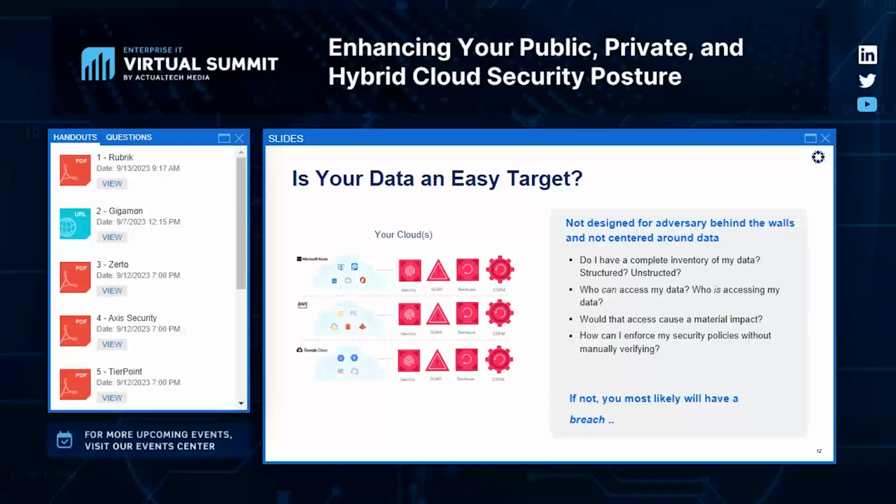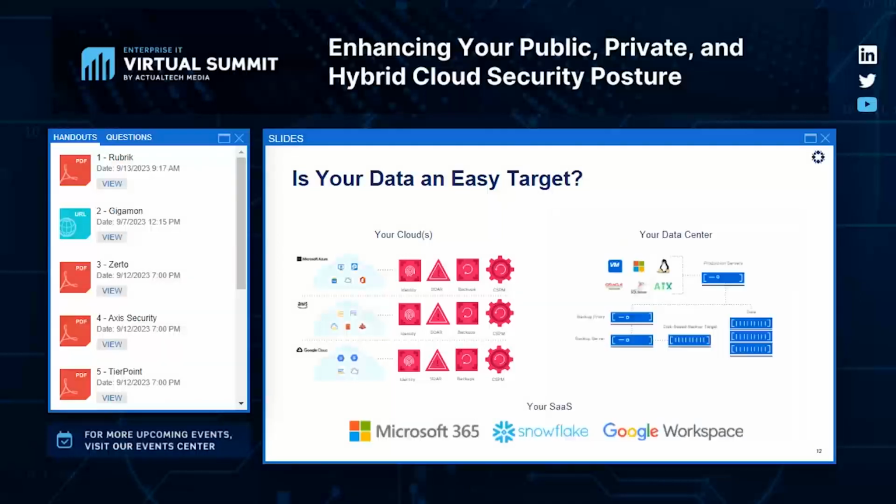They didn't have an idea of how to inventory everything that was being used across the cloud, as well as in SaaS applications like Snowflake, Google Workplace, 365, that end users were consuming. Were there standards of data security being enforced at each level of the organization? They had a difficult time gaining that visibility.